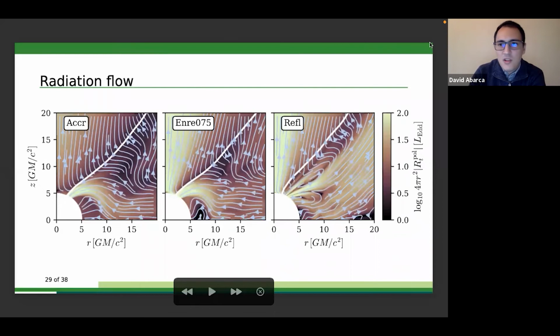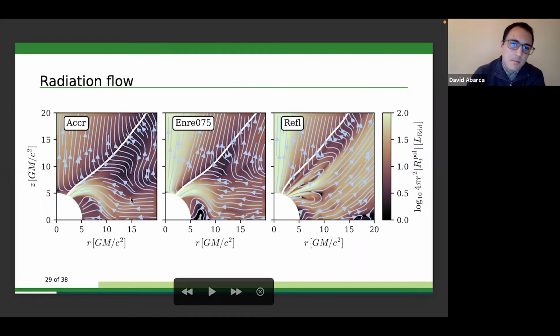This was just a map of the radiation flow. So the color map tells you the magnitude of flux in the poloidal plane, and the arrows are streamlines of radiation flux, so this shows you the direction.